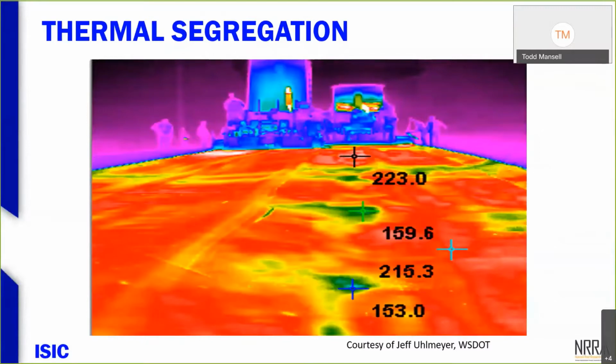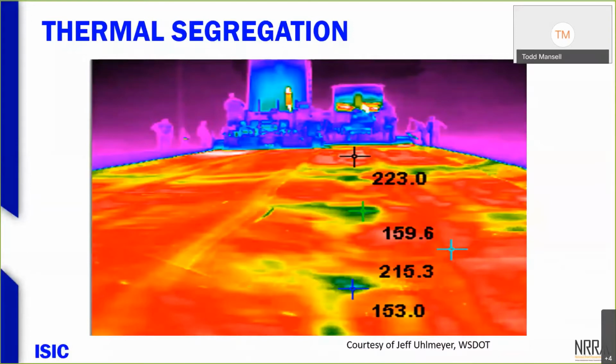And we look at that, and this is probably the most famous picture ever taken of a thermal image from Washington State, showing a thermal image behind two pavers and some temperature differentials. I've got to get on my little soapbox.